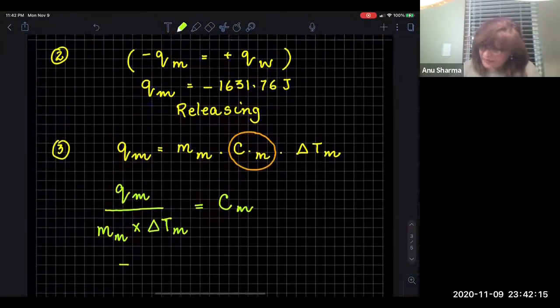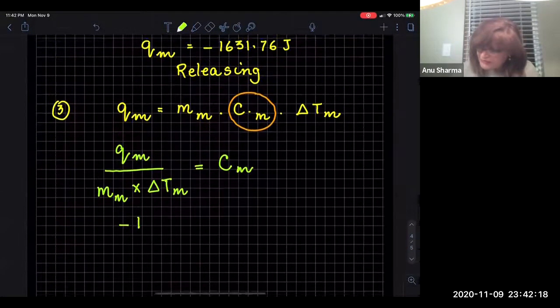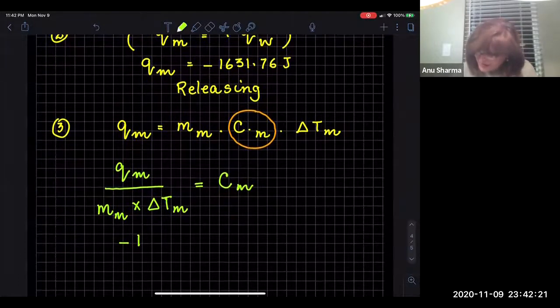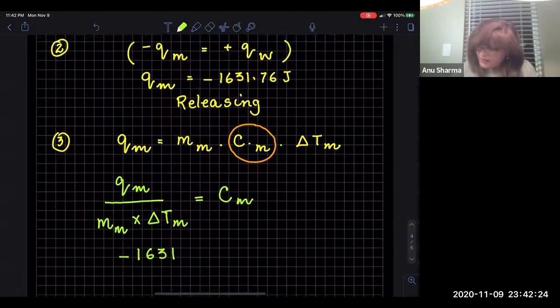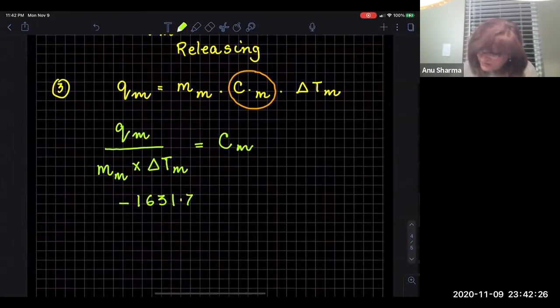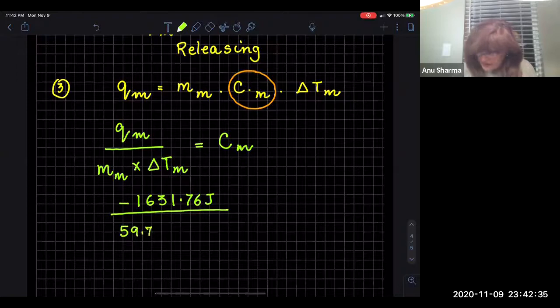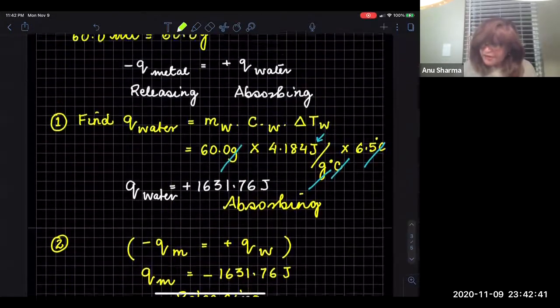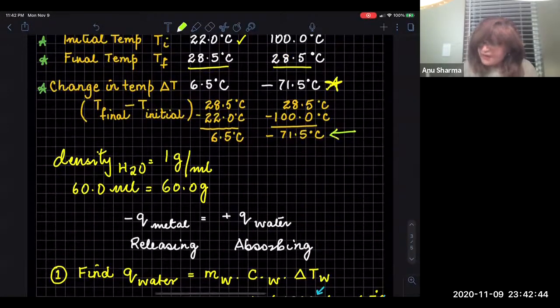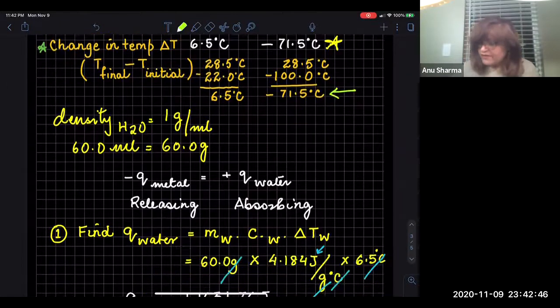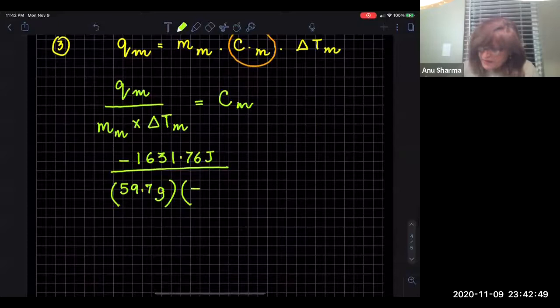Negative 1631.76 joules over 59.7 grams, multiplied by the change in temperature, which was this number, negative 71.5 degree Celsius.